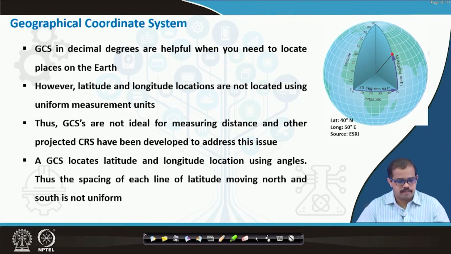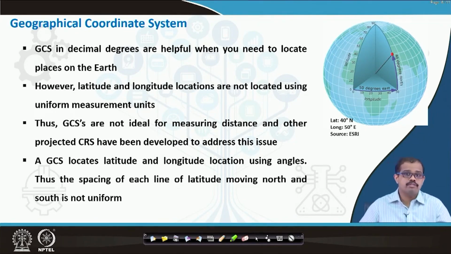Please keep this in mind. That is one of the major disadvantages of the system. GCS are not ideal for measuring distances, and projected CRS have been developed to address this issue. If you have to measure distance, the way GCS works with latitude and longitude is not the way you use it.